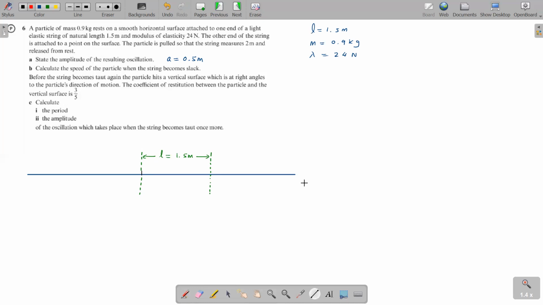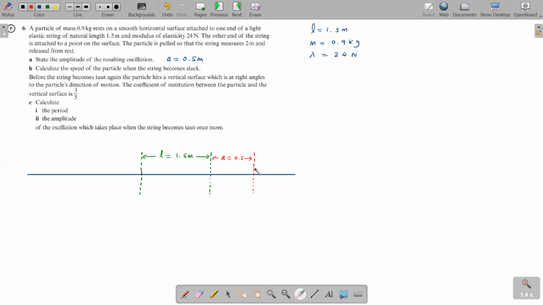And this is the amplitude. So amplitude is half meter, right? And you are releasing it from the amplitude. You are releasing it from here.